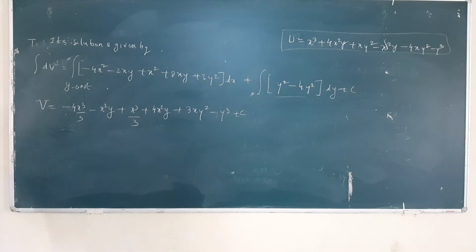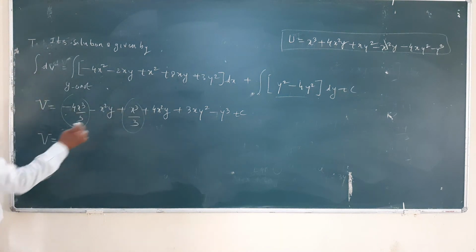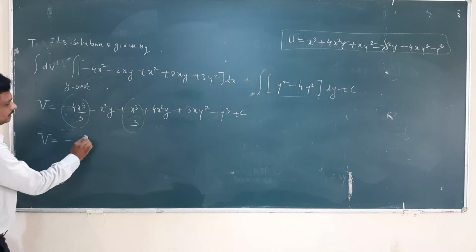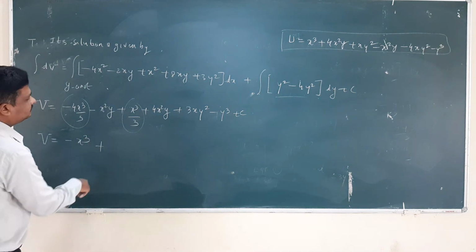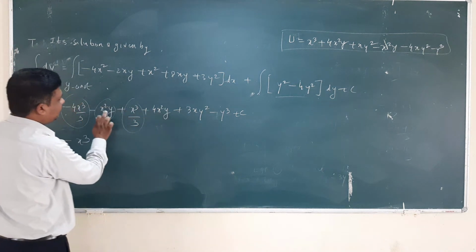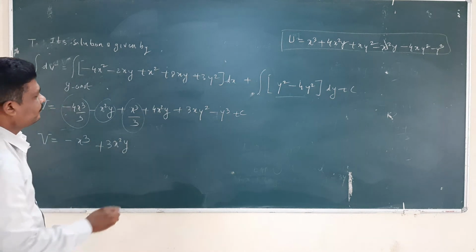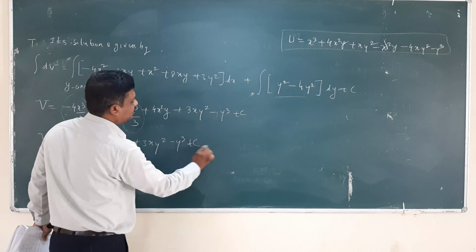So now I will simplify this one. v is equal to, if I add this, the LCM is 3, so −4x³ + x³ becomes −3x³/3, which is −x³. Plus 4x²y − x²y is 3x²y, plus 3xy² − y³ + c.